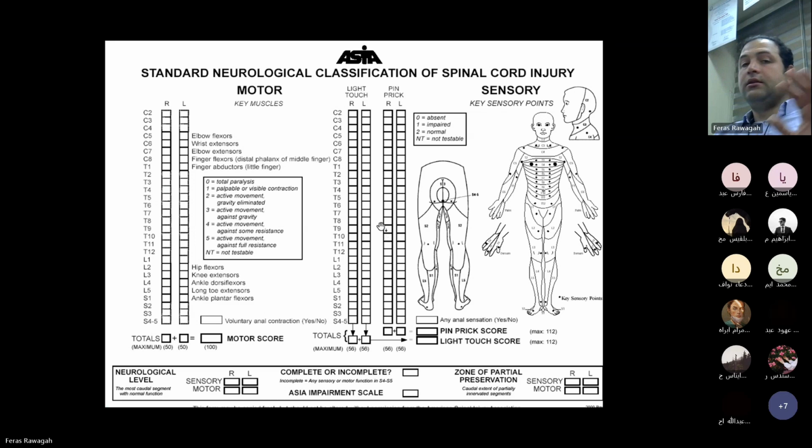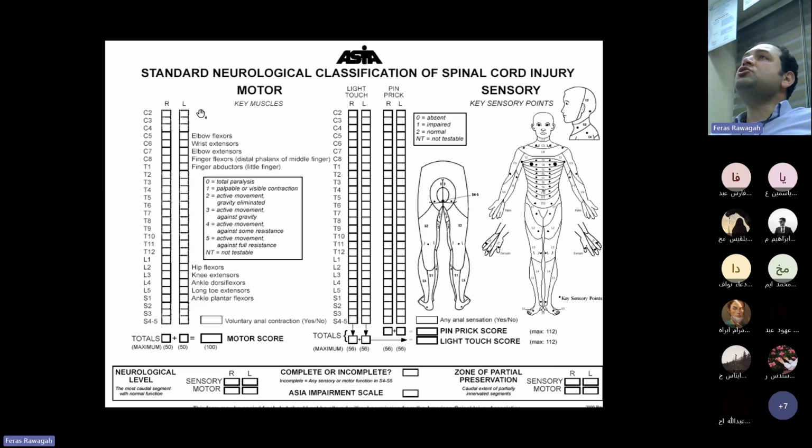Now, this is very important. Any patient with spinal cord injury should have this chart. This chart can determine the level of injury and the severity of injury, and it is very important for documentation of the patient.